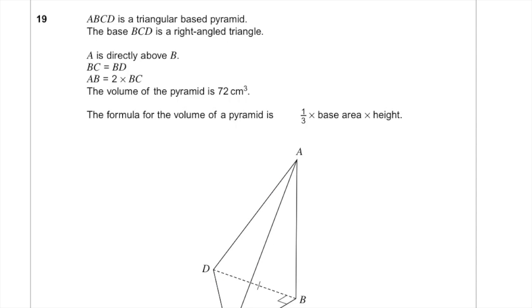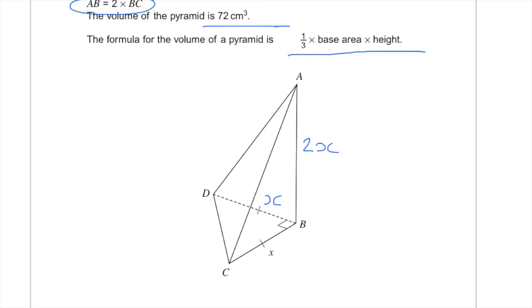Question 19. ABCD is a triangular base pyramid. The base BCD is a right angled triangle. A is directly above B. BC equals BD, so this side BD is also equal to x, and AB equals 2 times BC, which means the height of this pyramid is 2x, and the volume of the pyramid is 72 centimetres cubed, and you've also conveniently been given the formula for the volume of a pyramid, a third multiplied by the base area multiplied by the height.